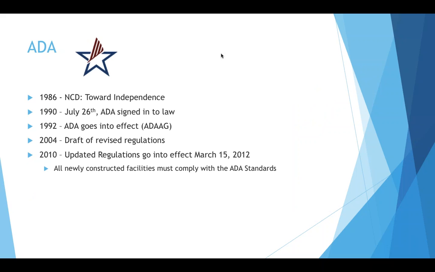So let's talk a little bit about the history, and most of this we're going to focus on the ADA. The National Council on Disability, or NCD, was actually founded in 1978, and they put their first report together in February of '86. So you can see, typical government, about 8 years, and they have the report, and then with that, they propose the law, and then finally, on July 26th, 1990, the ADA is signed into law.